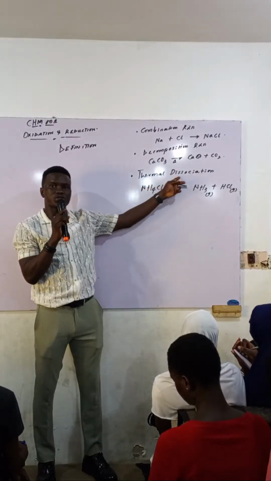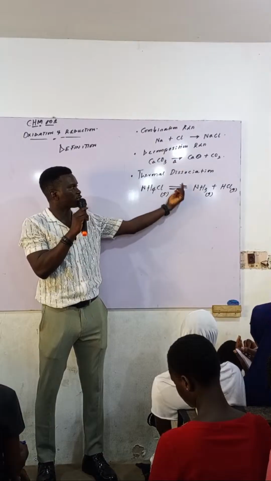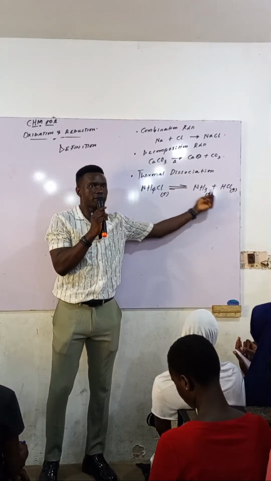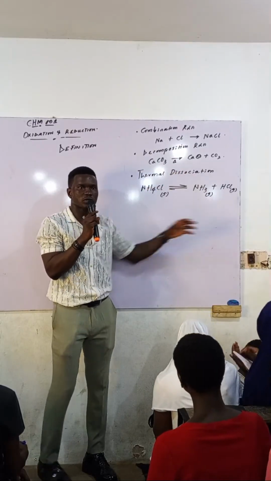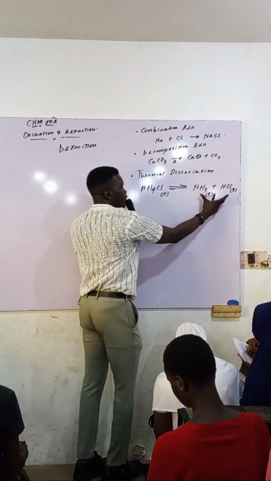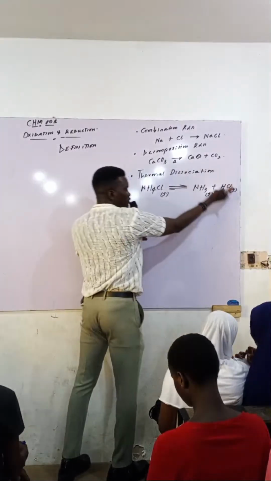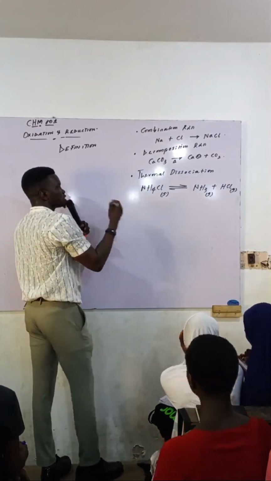Thermal dissociation is a type of decomposition, but it is reversible. So when the compound decomposed, then you can reverse it. So we call it thermal dissociation. Meaning that these two guys can come together to give this guy, and this guy can also give these guys. Do you get that? So that's thermal dissociation.